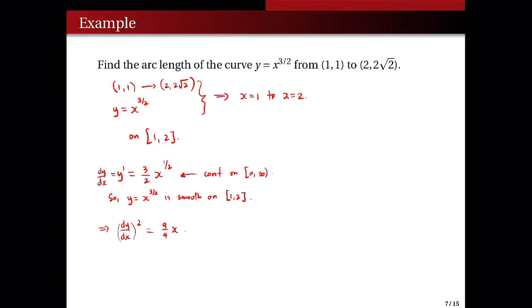So L is equal to the integral from 1 up to 2 of square root of 1 plus 9 over 4 x dx. Let us simplify this. We have the integral from 1 up to 2 of square root of (4 plus 9x) divided by 4 dx.